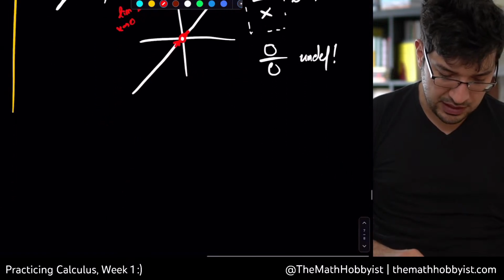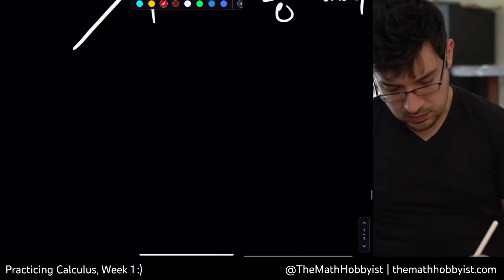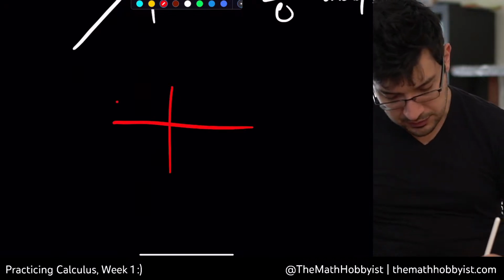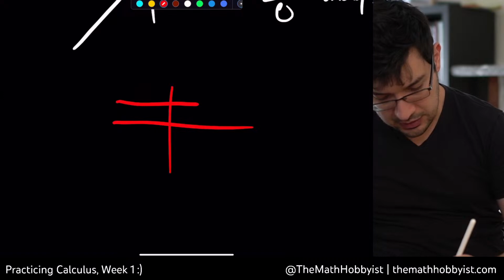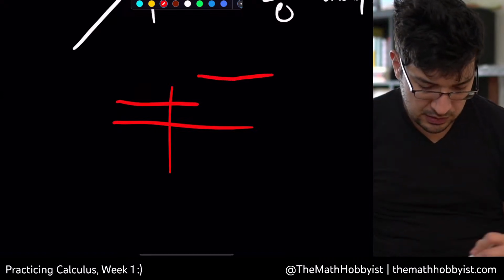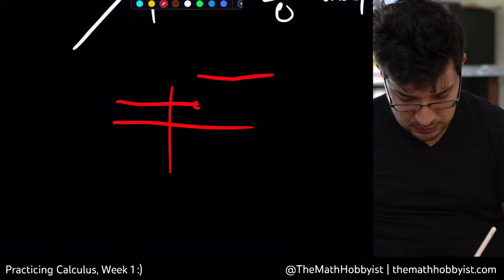So that's one example, or another example could be a function that's defined at one value at one place and then another value after that point.